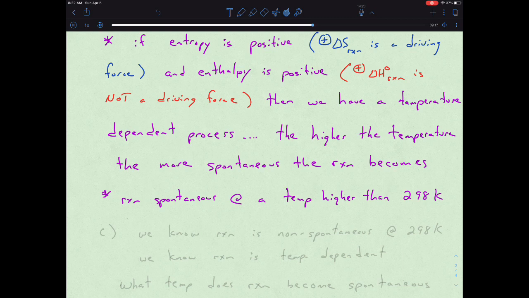So now we need to figure out how to actually solve for what that specific temperature is. So this is really getting to the last part of this, or part C, where we know the reaction is non-spontaneous at 298.